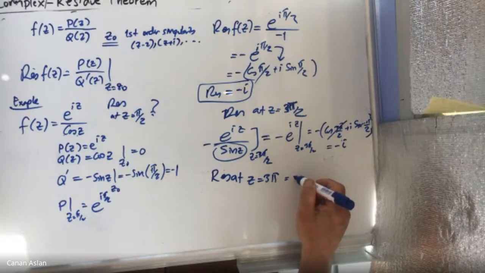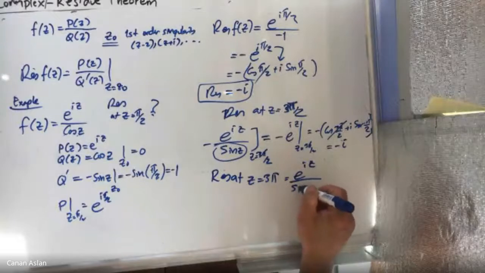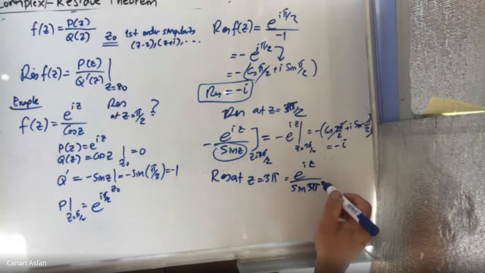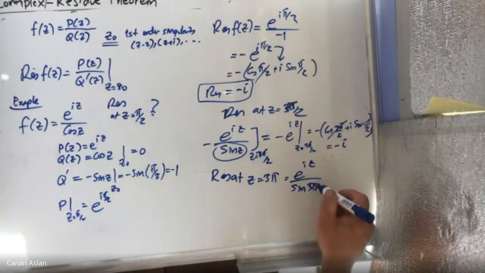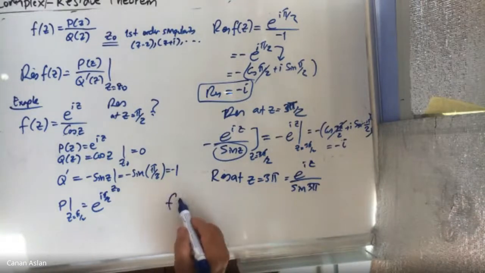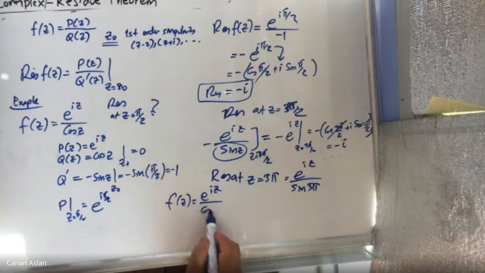e to the iz divided by sine 3 pi. But as you see now, this gets another singularity on the denominator, so this blows up. So let's check now. f(z) is given as e to the iz divided by cosine z.